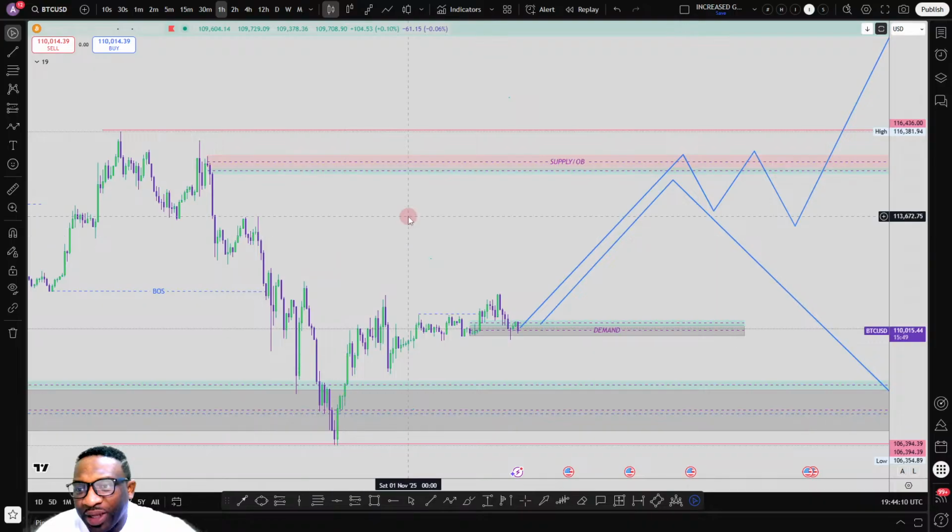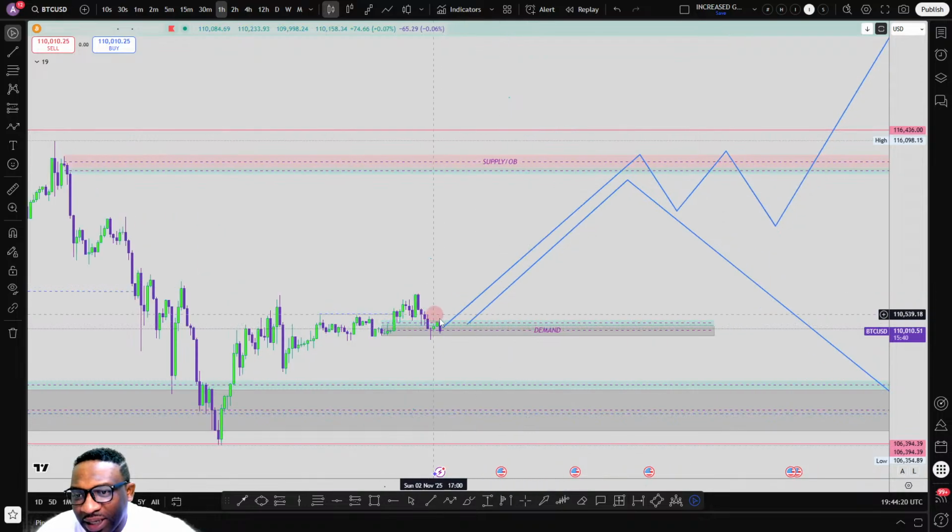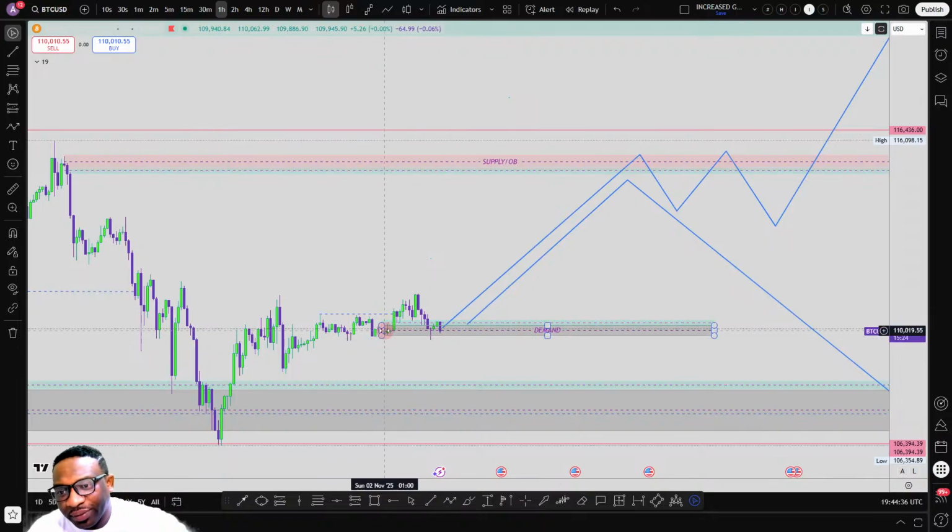Other than that, as I said, this area could be used as an inducement area. So as we look out for a better indication to the upside from here to here, we want to see price contained within this candle here, the 4-hour candle that caused the engulfing.